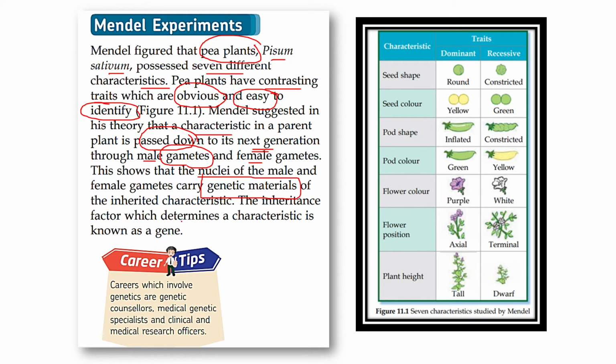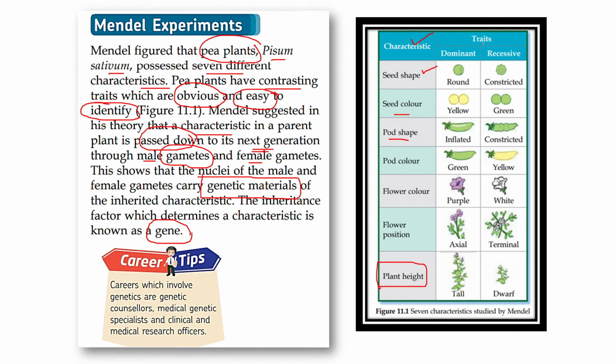Okay, so the inheritance factor ini, which determines the characteristics, iaitu unit asas pewarisan itu, kita panggil dia sebagai gene. Okay, for example, characteristics of the seed pod, here, the seed shape, the pod shape macam mana, seed color, ataupun the plant height.